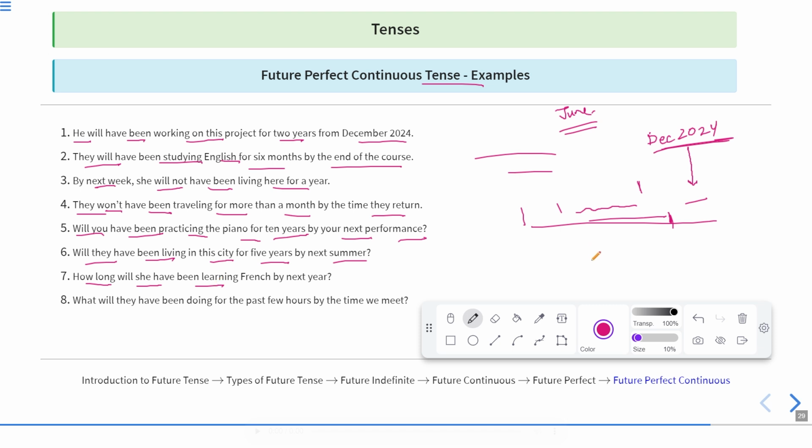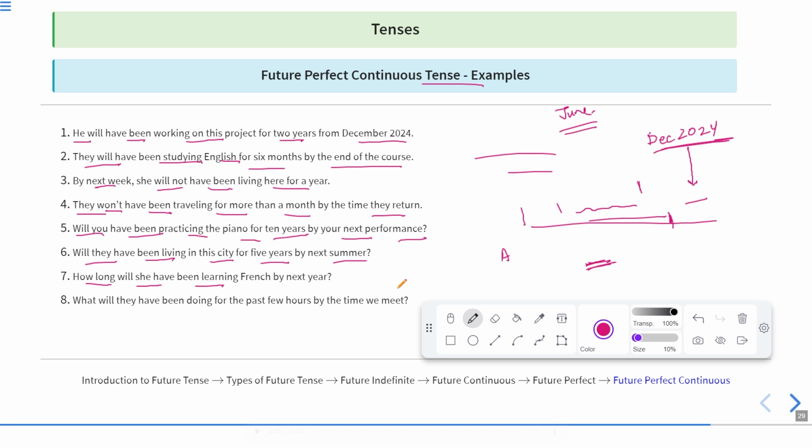It means the person is asking about another person's skill, or suppose there is a girl who is learning to speak French. Now another person asks that by next year, how much time will have passed for her learning French? Okay, what will they have been doing for the past few hours by the time we meet? Okay, so this is how we can write future perfect continuous tenses.